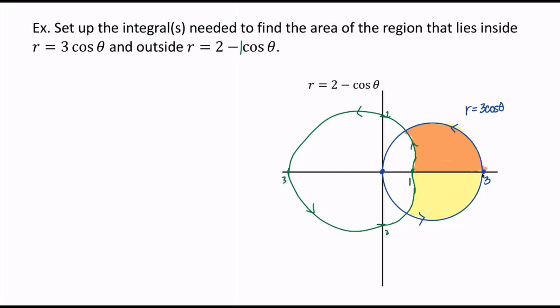So it's all very similar. It should be sounding similar to when we did this in x and y. When I had some function, let's say f of x, and some function g of x, and I wanted to find the area between those two curves, what I needed to do is find their points of intersection, like a and b, and then we ended up saying it was top minus bottom.